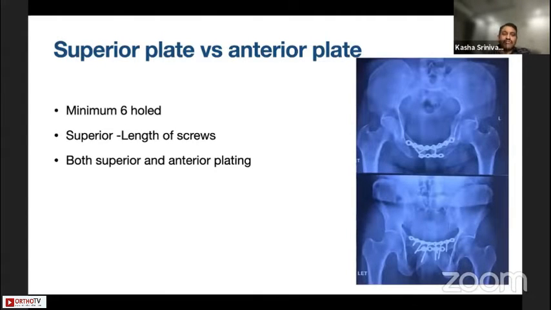What I feel is a minimum 6-hole plate should be available, and the superior plate has relatively good strength as it has long enough screw lengths, and both superior and anterior plating, if it is doable, gives more stability compared to a single plate.